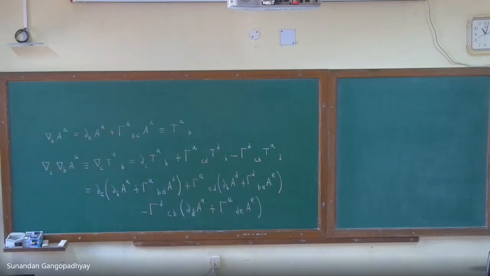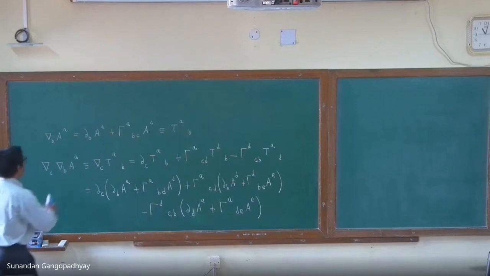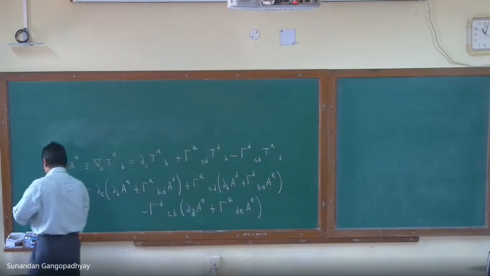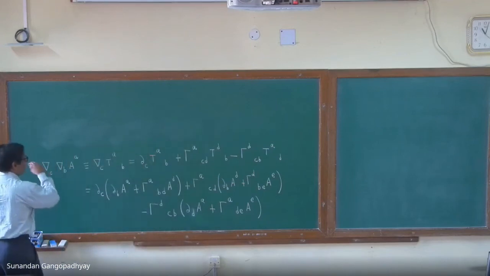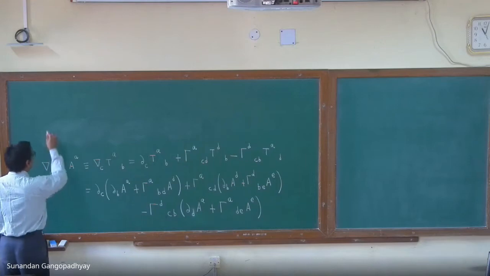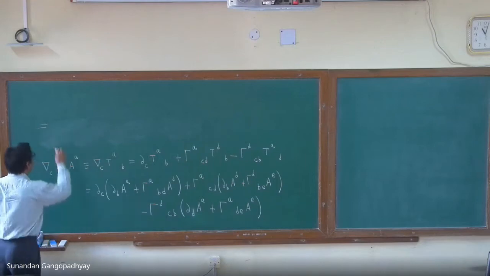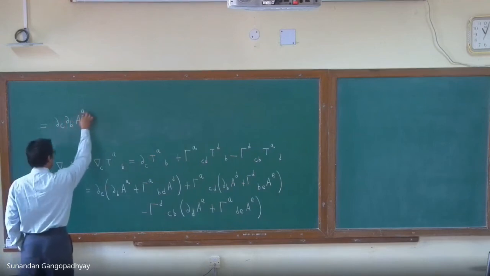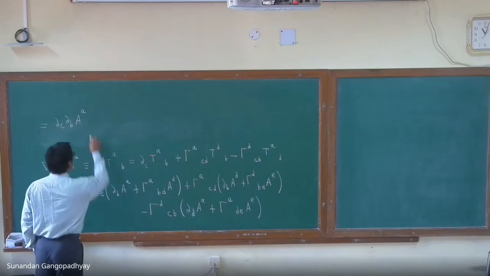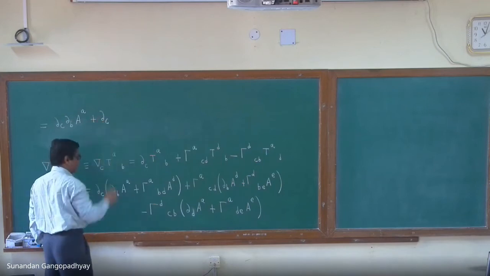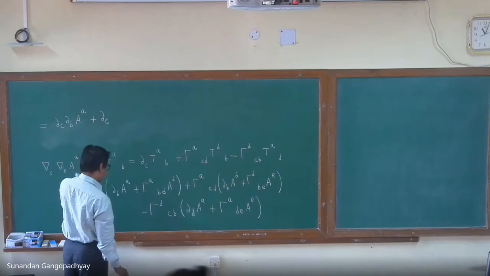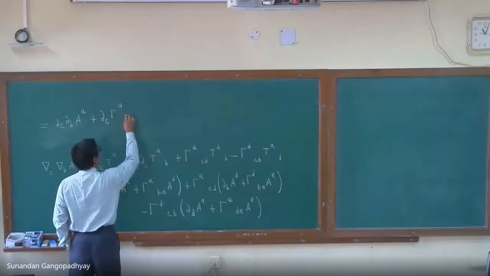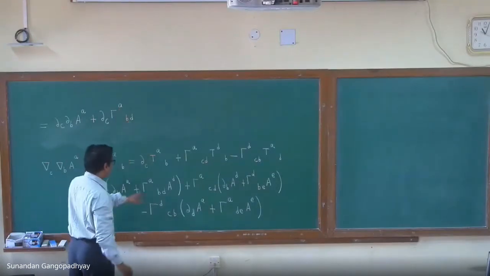So now what we shall do is we shall just multiply these out. If you multiply these, that is equal to del C del B A plus del C gamma A B. So we have two terms.